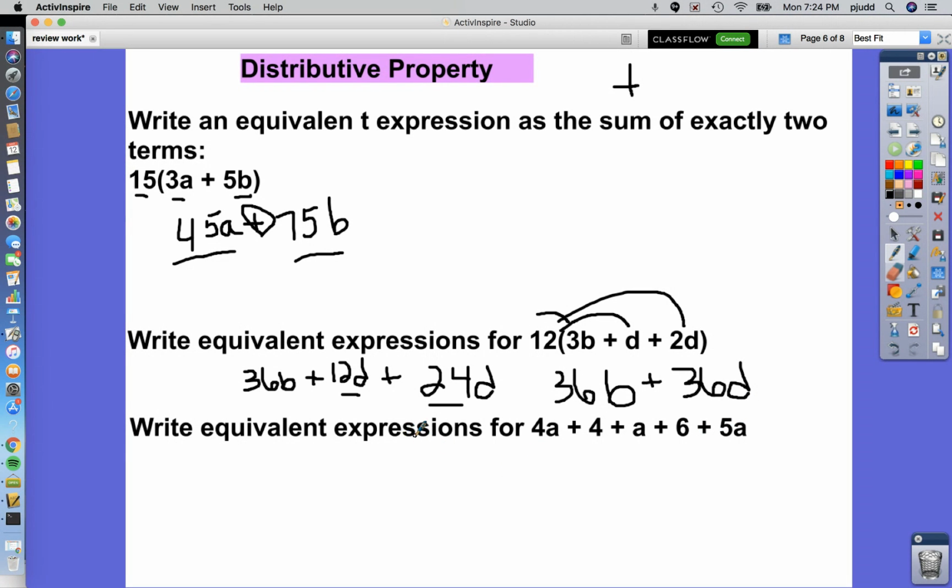Now, write equivalent expressions for 4A plus 4 plus A plus 6 plus 5A. Well, if I'm looking at this, I'm thinking I can combine the A's. I can add like terms. 4A plus A is 5A. 5A plus 5A is 10A.